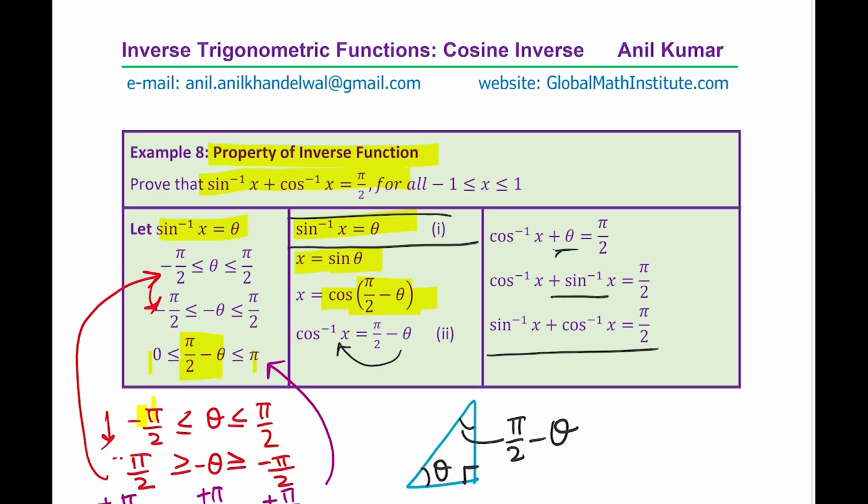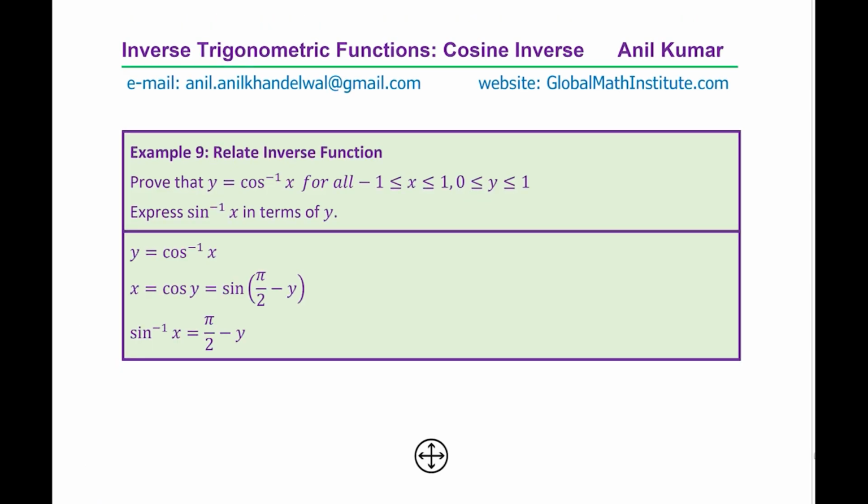Two more questions to go. Here is question number 9. Relate inverse function. Given that, it is not proved, it is given that y equals cos inverse x for all x between minus 1 and plus 1 and y between 0 and 1.